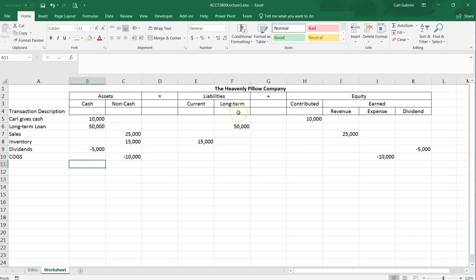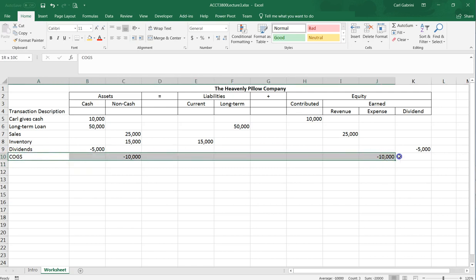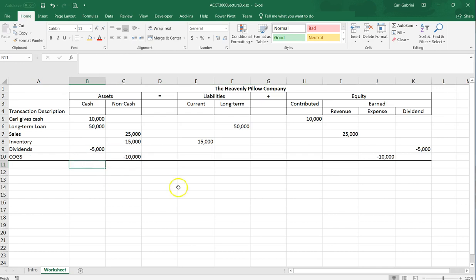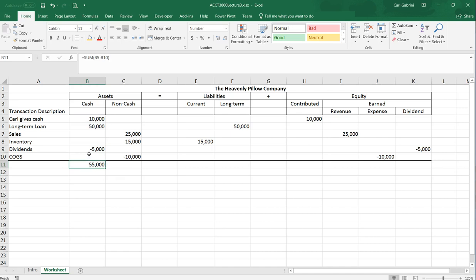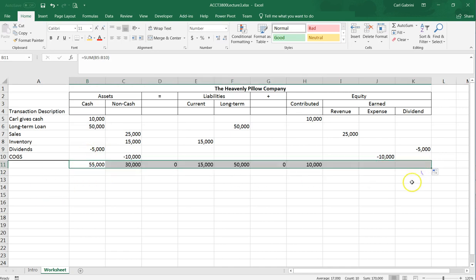And again, what you can do is you can strike a line at this point. I'll put a line there. There we go. And I can say equals sum, oops, sum the columns. Boom.